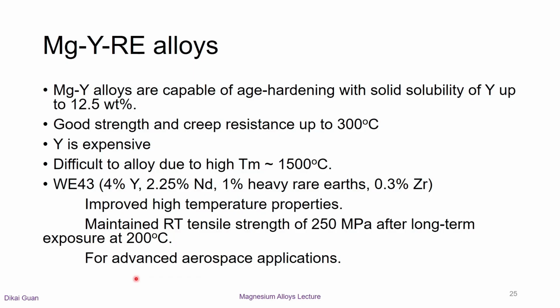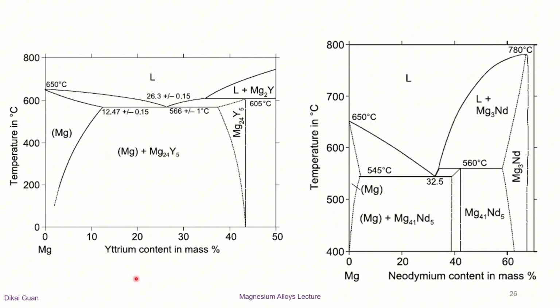Yttrium is an element with a high solubility in magnesium and has big potential for age hardening. The solubility limit is 12.5% in the phase diagram. The purpose of the neodymium is to form stable precipitate.